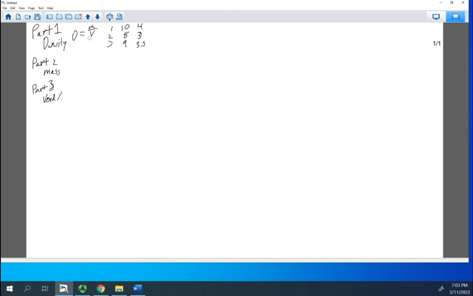That gave us 2.5, 2.67, and 2.57 grams per milliliter respectively.